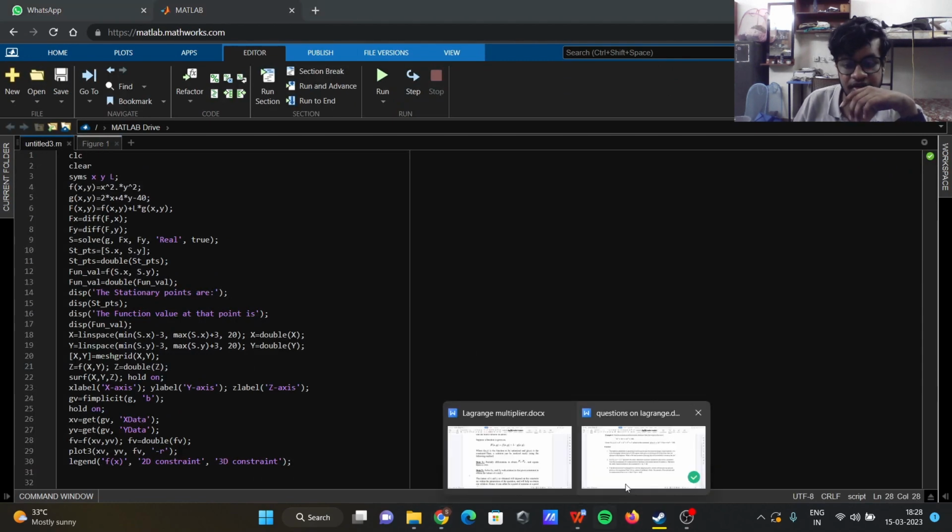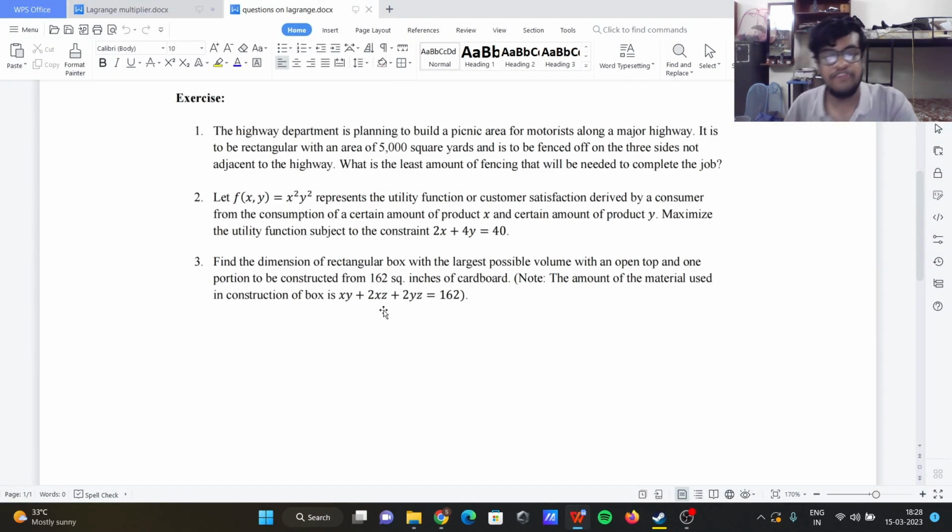Now let's take another problem, and this is actually the first problem I discussed in today's session. It's saying the dimension of a rectangular box with largest possible volume. This implies that the volume is the function that we have to maximize.